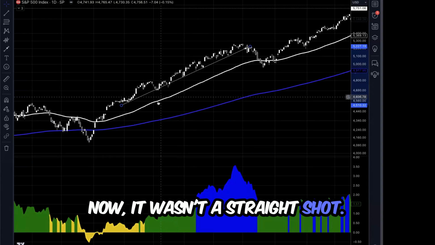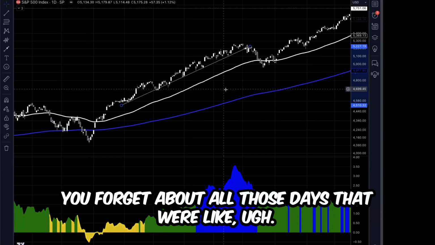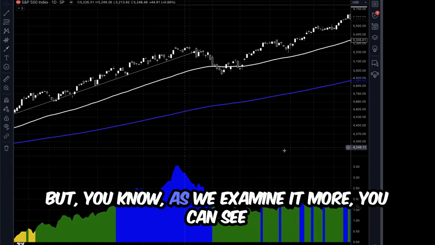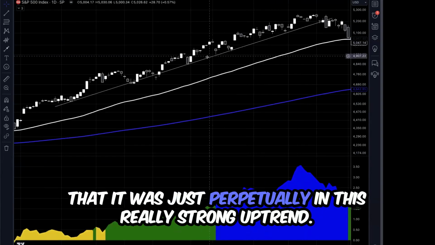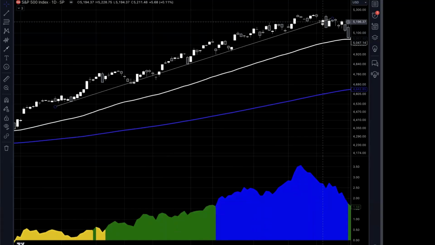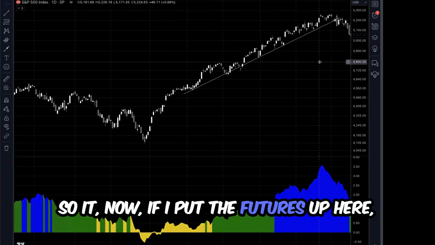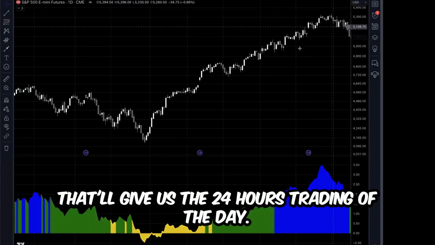Now, it wasn't a straight shot. There was some drama here, like looking back, you forget about all those days that were like, ugh. But as we examine it more, you can see that it was perpetually in this really strong uptrend. Now, if I put the futures up here, let's look at the futures comparatively, because that'll give us the 24-hour trading of the day.